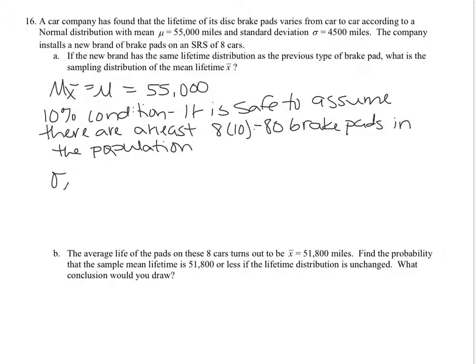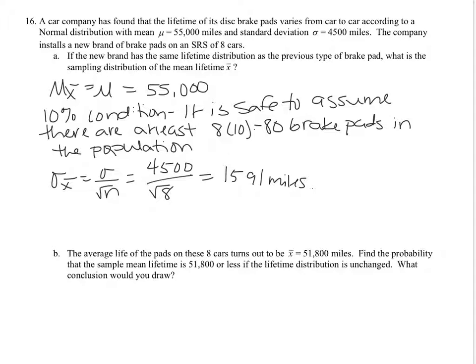So sigma sub x bar is equal to sigma divided by the square root of n. So that would be 4,500 divided by the square root of 8, which is equal to 1591 miles.